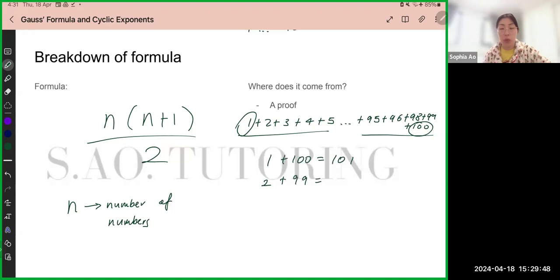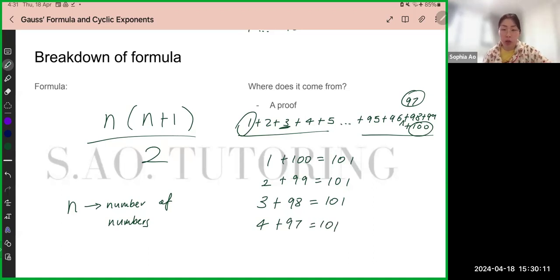Okay, oh, we get 101 again. So that's looking good, interesting. We'll do another number. Let's do 3 and 98. I accidentally left out 97 when I was writing there. My apologies, everybody. Okay, and we get 101 again. And 4 and 97, and we get 101 again and again and again.